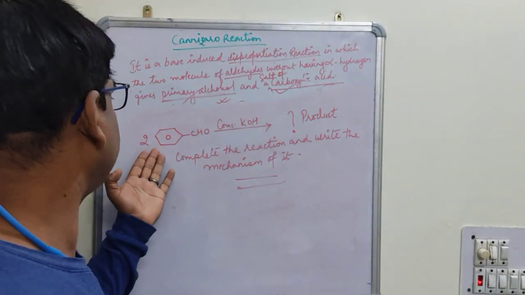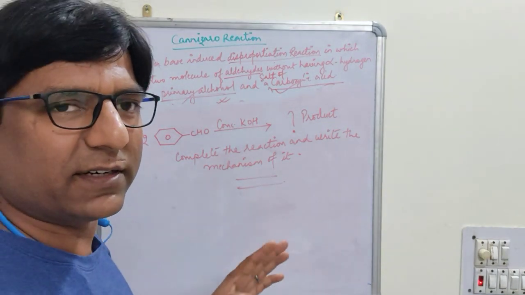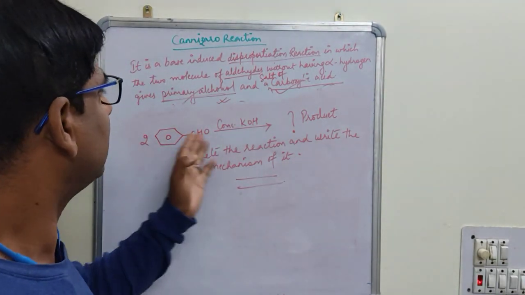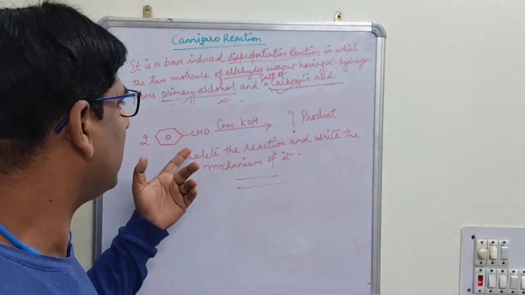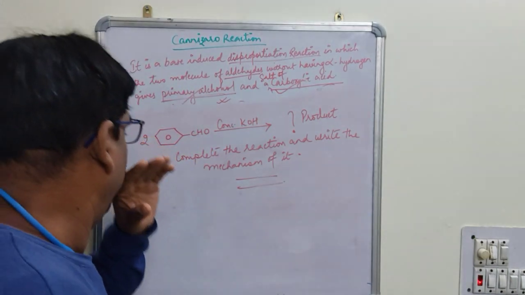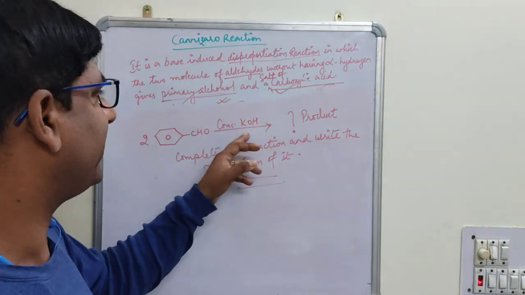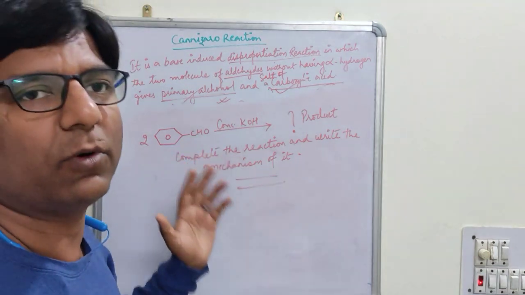In the same way, you can choose benzaldehyde, because benzaldehyde also doesn't contain alpha hydrogen. So this reaction is in the presence of KOH. I have changed the base here, concentrated KOH. You have to write the product and you have to write the mechanism of it.